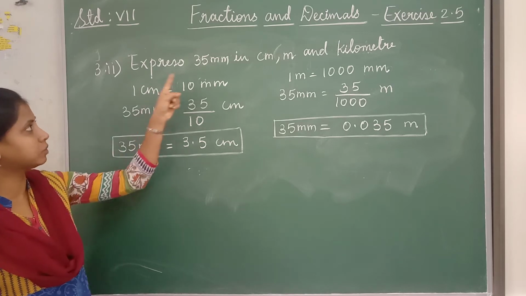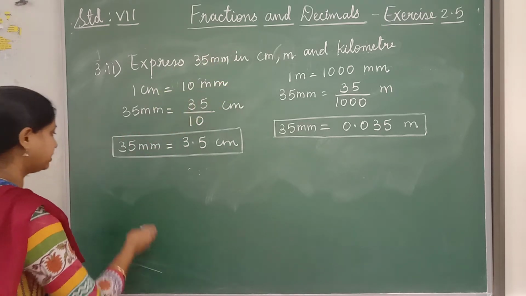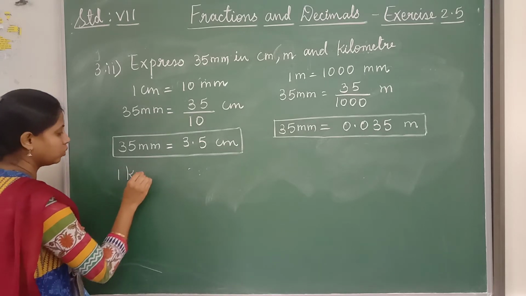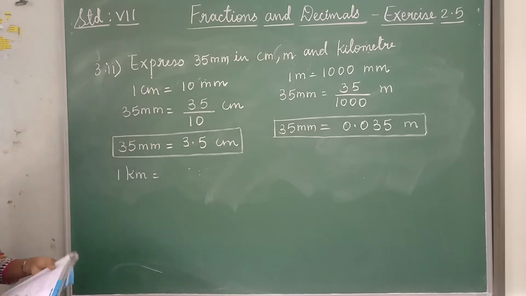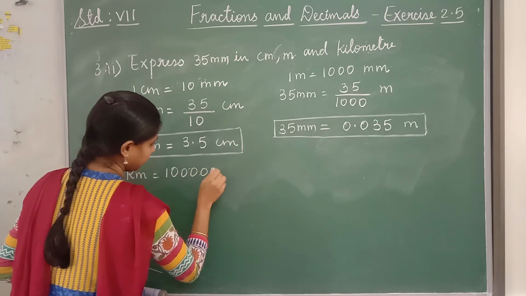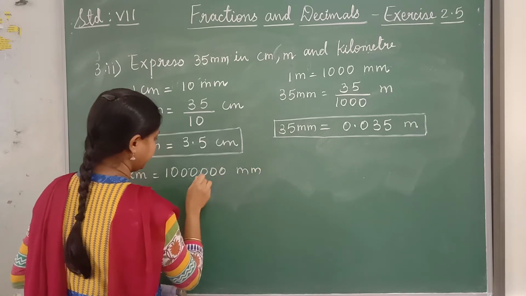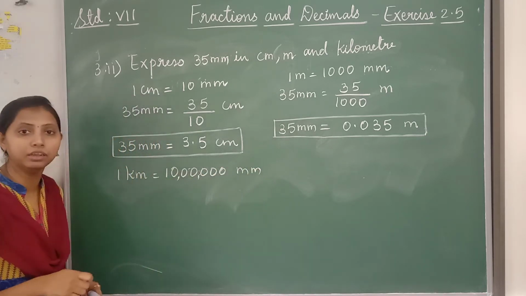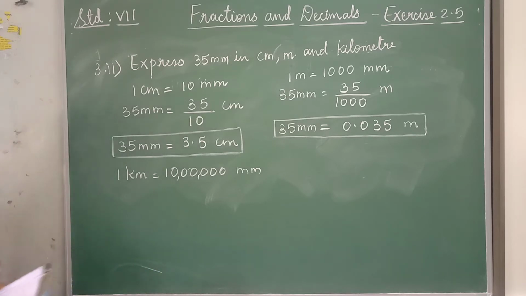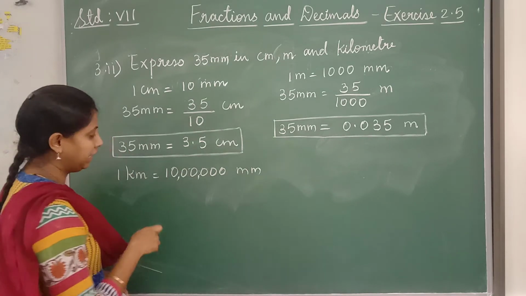Now one more is there. 1 kilometer is equal to 10 lakh millimeter, children. So 1 kilometer is equal to 10 lakh millimeter.